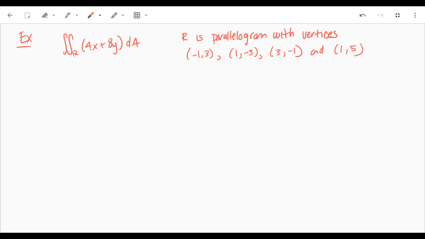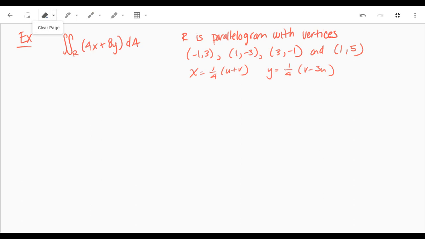And we're going to use the transformation x is 1/4 u plus v, and y is 1/4 v minus 3u.